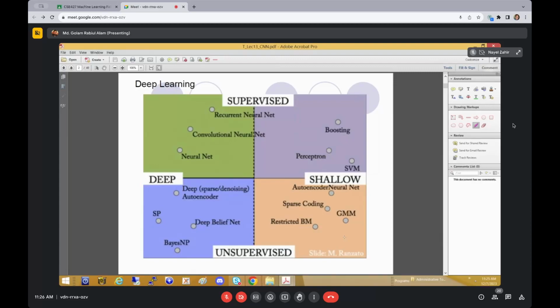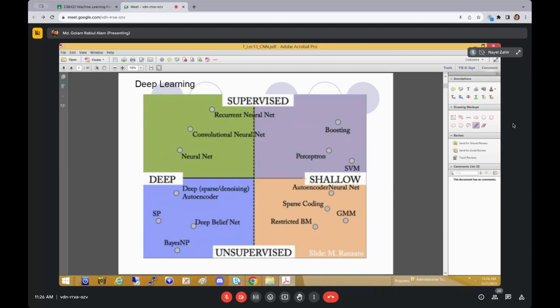And on the y-axis we put supervised and unsupervised learning models. Some learning models have a shallow architecture but are supervised, like the perceptron, support vector machine, and boosting. We call those the shallow architecture and supervised approach.